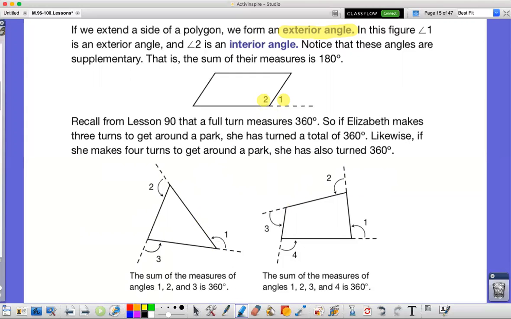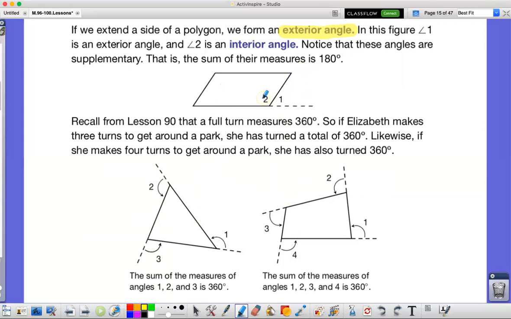What's the difference? Well, it's similar to yesterday's lesson where you had interior and exterior angles when you were looking at the transversals. This one is on the outside of this quadrilateral, and this one's on the inside. So external and internal.